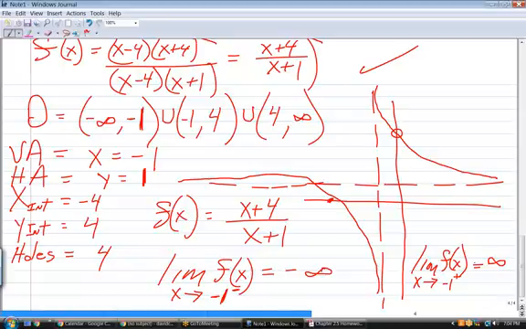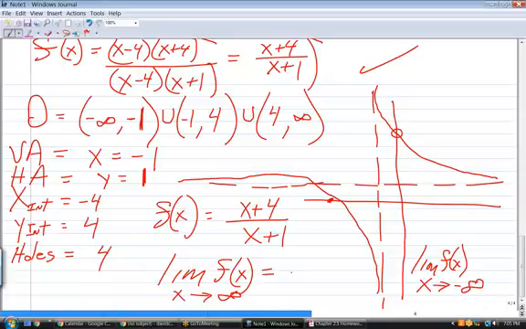Okay. And now they want the same kind of statements. What's the limit of f of x? But instead of approaching it horizontally, we're going to approach it vertically. In other words, we're going to look at end behavior. And end behavior is always as x goes to infinity or x goes to negative infinity.